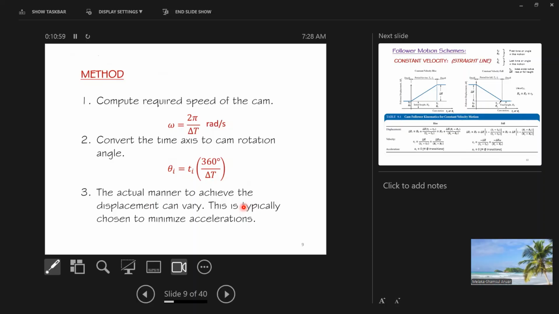Then you have to get some conversion between time, because usually that behavior or motion is described in terms of times, and you know that the total time will describe the full 360 degrees rotation, and then you have to find each of the time intervals in terms of angle of rotation, how many degrees it takes instead of just the time.